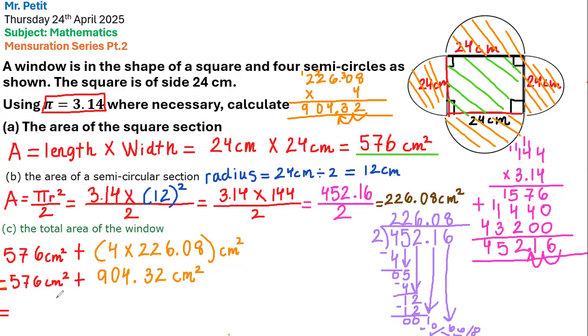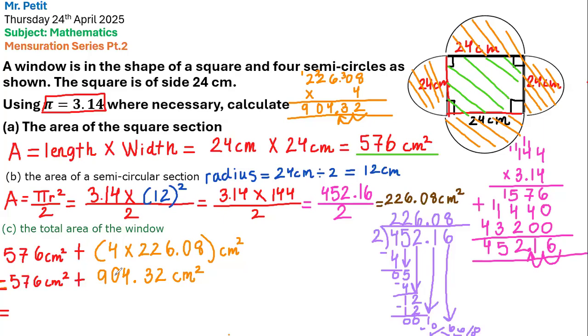We have 576. So we have 576 centimeters squared plus 904.32 centimeters squared. We're trying to find the total area. So with those two digits, what are we gonna do? We're gonna add them. Very good. So 576 plus 904.32.